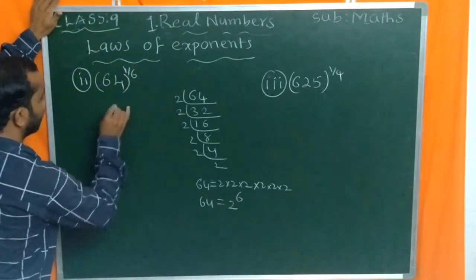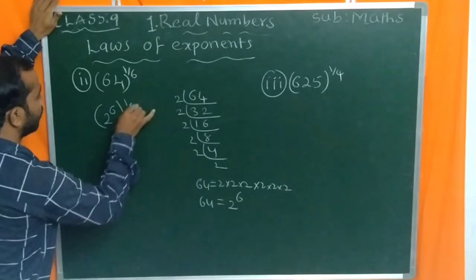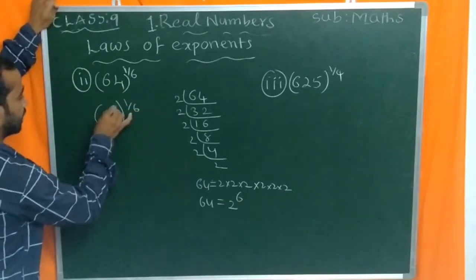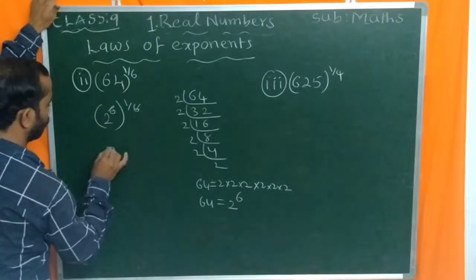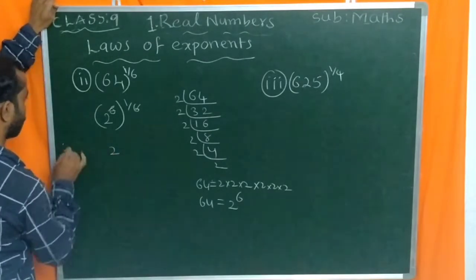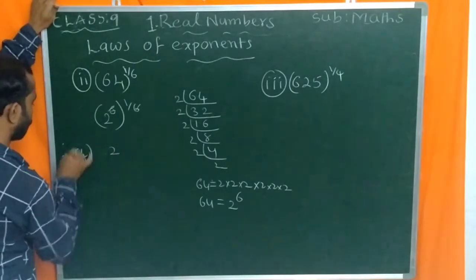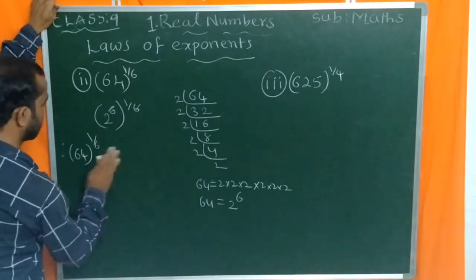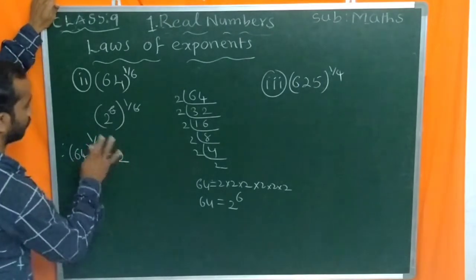Then 2 to the power of 6 whole to the power of 1 by 6. The 6s get cancelled, so 64 to the power of 1 by 6 is equal to 2.